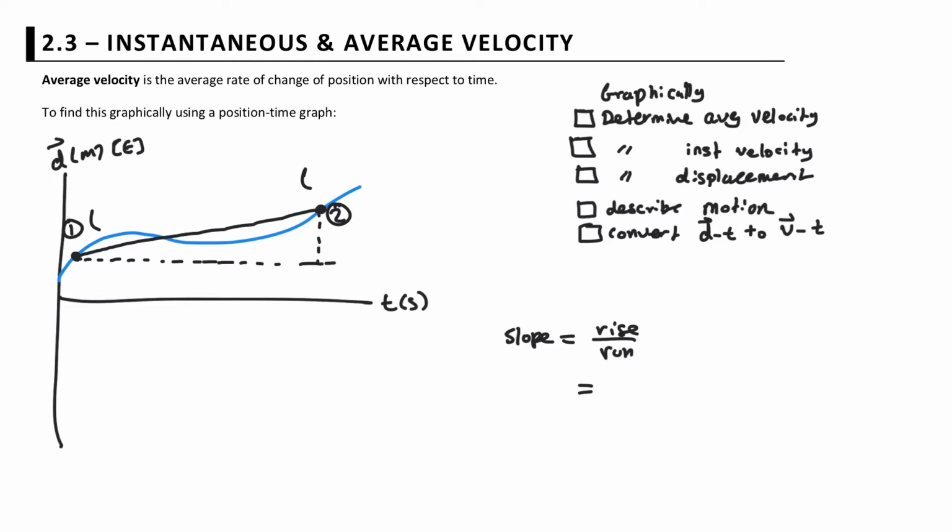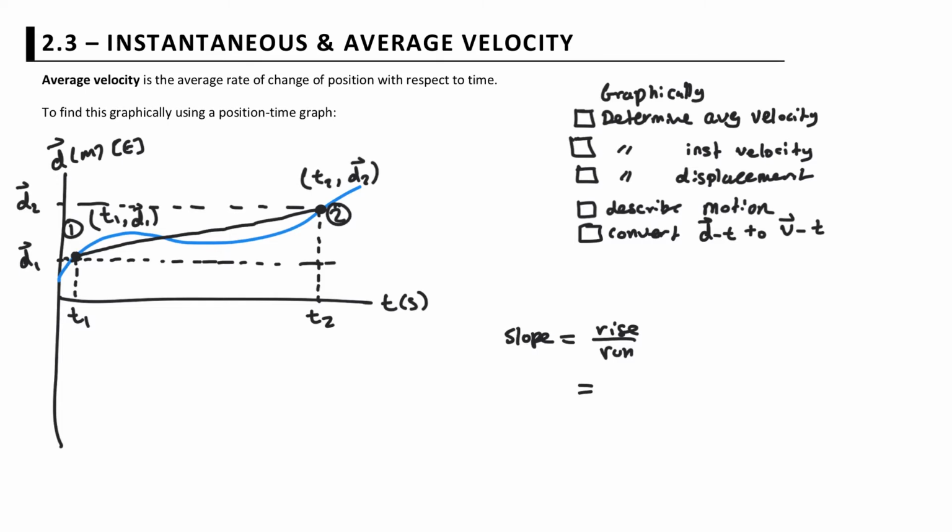So at event 1, we have time 1 here, and at event 2, we have time 2 here. And in terms of position, this is our position 1, and this is going to be our position 2.